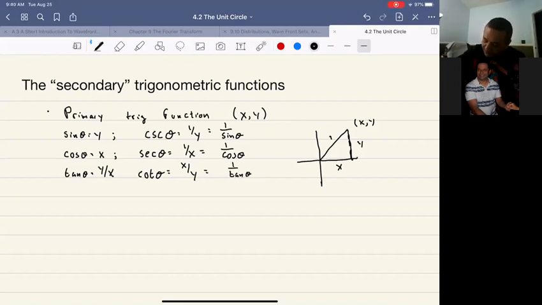One thing I want you to notice about tan theta is that you could also write this as sine theta over cosine theta. And cotangent of theta, you can write that as cosine theta over sine theta. Okay, so let's get into a problem.